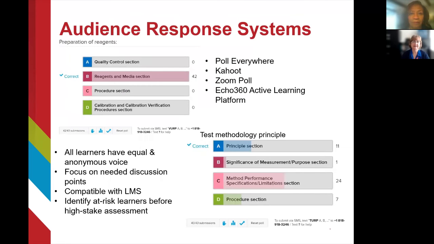Audience response systems, these have been around forever. I've used these for many, many years. It used to be that you had little receivers and you couldn't do them remotely. Now they're very easy to use in a web system. They're normally part of most learning management systems.